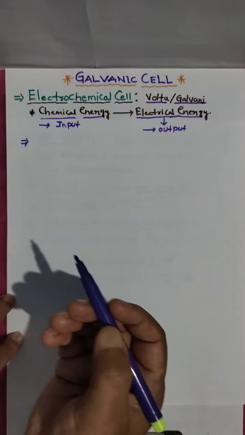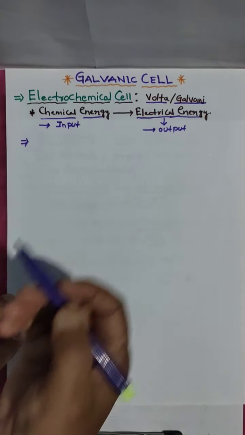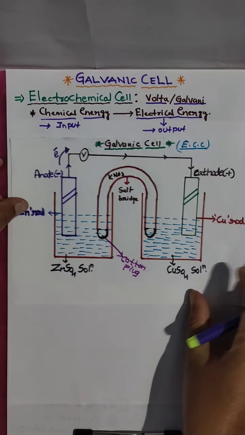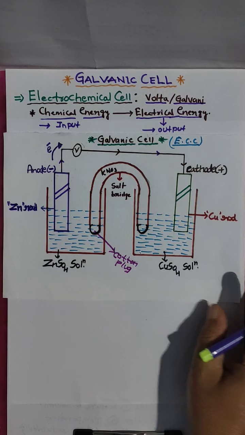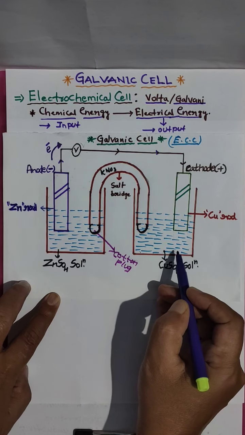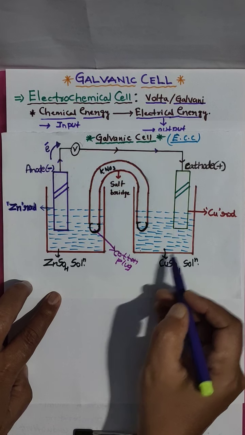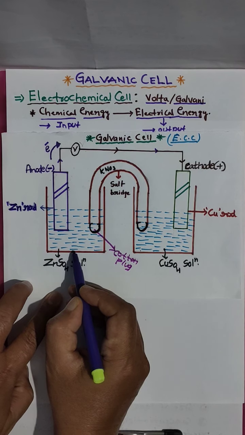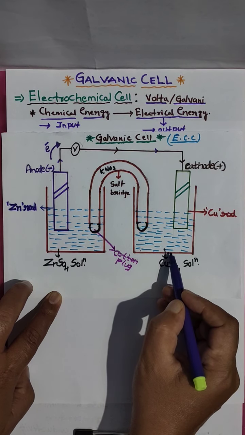And what is the structure of this electrochemical cell? Look here. This cell consists of two half cells. This is one half cell and this is one half cell.